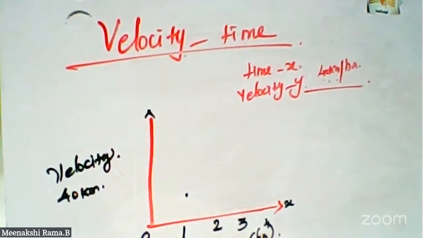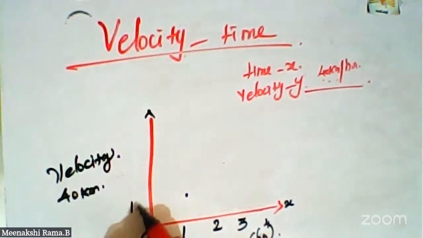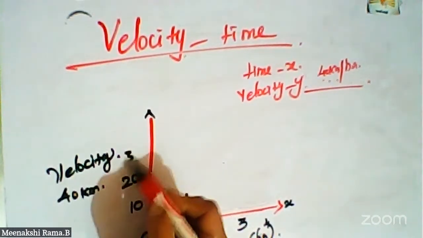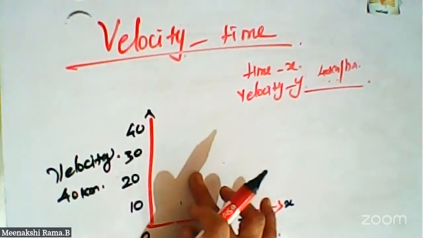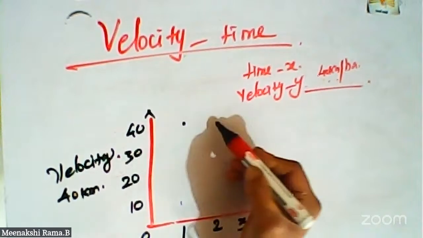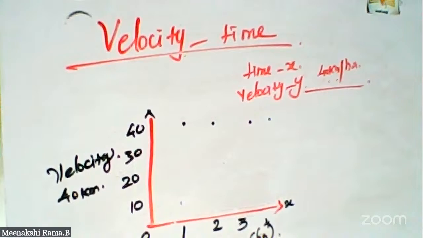And then the second hour, the same 40 kilometers. And the third hour, he crossed the same 40 kilometers. That is 10, 20, 30, 40. Each and every hour he crossed the same 40 kilometers only. That is the velocity.